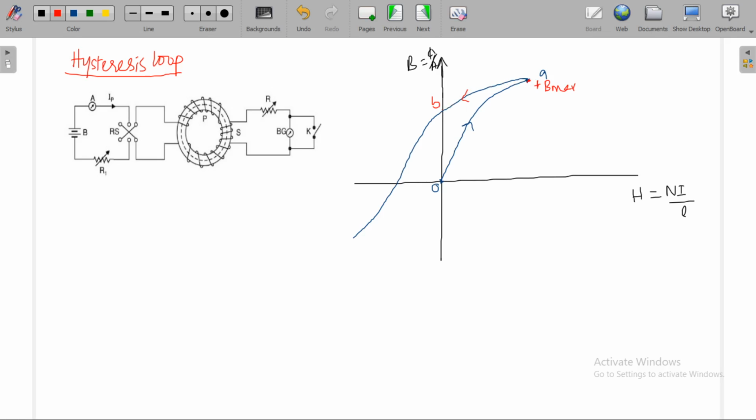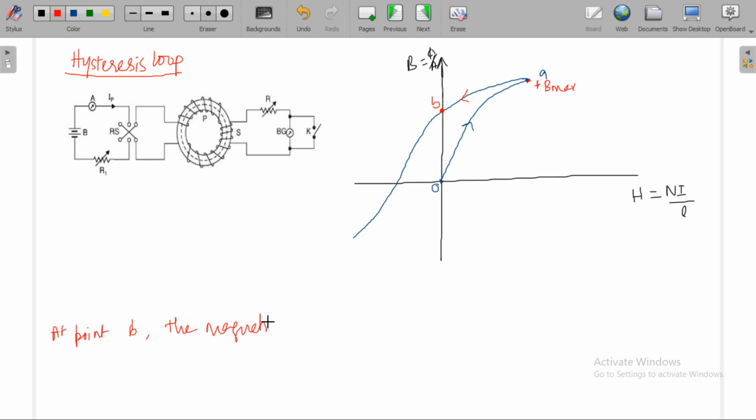At point B, the magnetizing force H is 0.